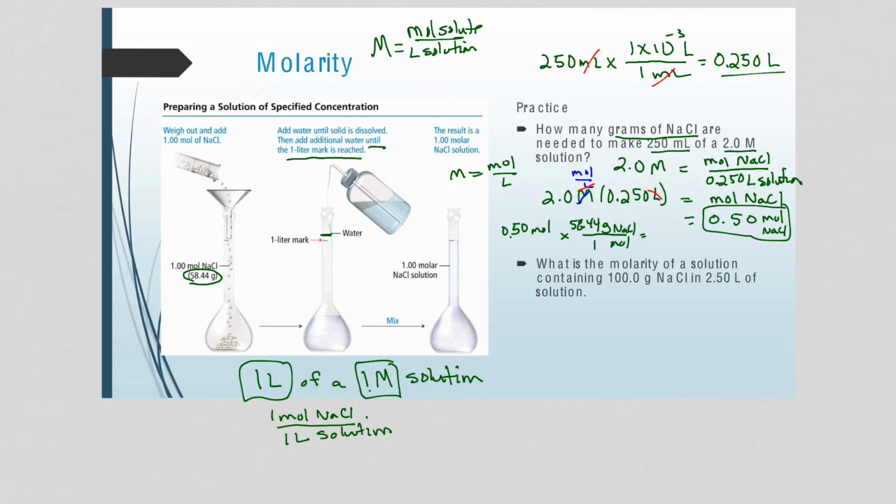So doing that, I end up with 29.2 grams of sodium chloride. So, if I wanted to make 250 milliliters of a 2 molar solution, I would need to utilize 29.2 grams of sodium chloride.